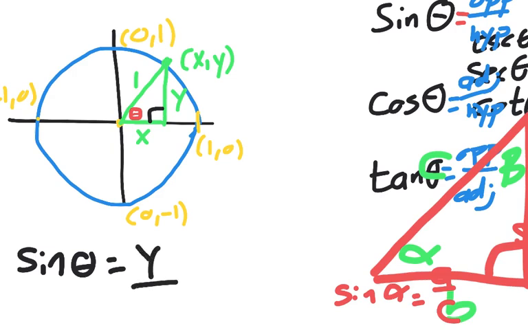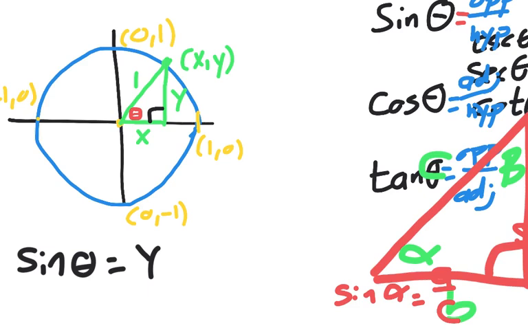What's the hypotenuse? 1. So sine of theta is the y value over 1, or we could just write that as y. Okay, that's where that comes from. So sine of theta is always equal to the y value. So wherever I'm at on the unit circle, the y value is the same as sine of theta.